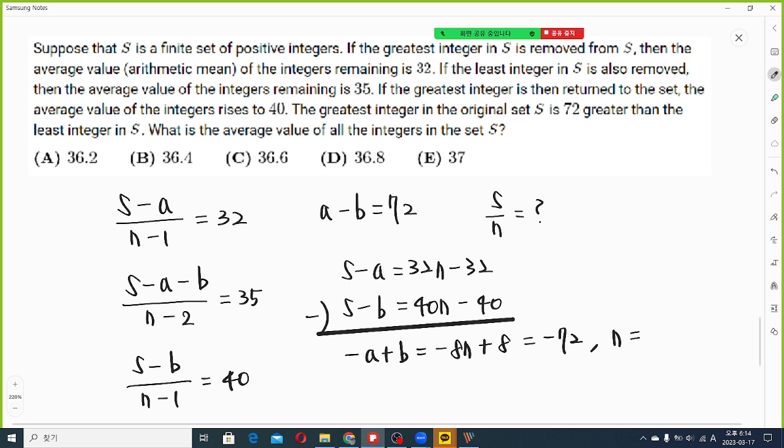Oh, sorry, 10. When you solve this equation, n is 10. So if n is 10, we can use the second equation.